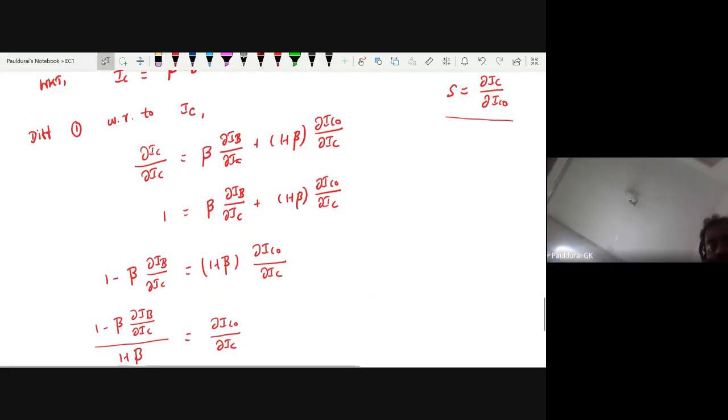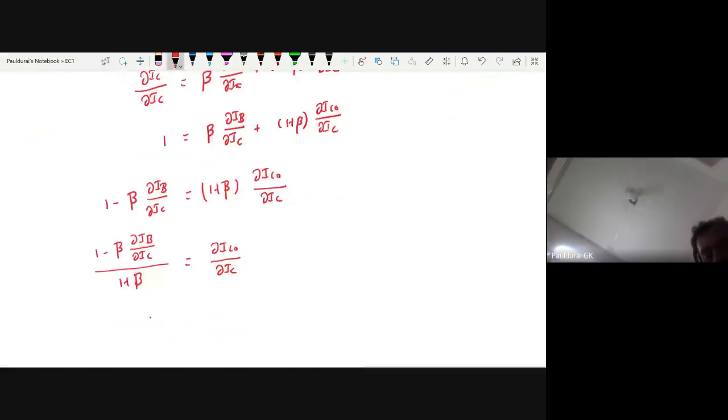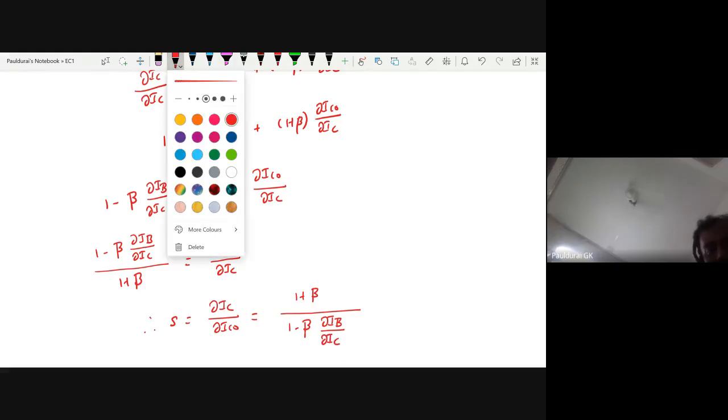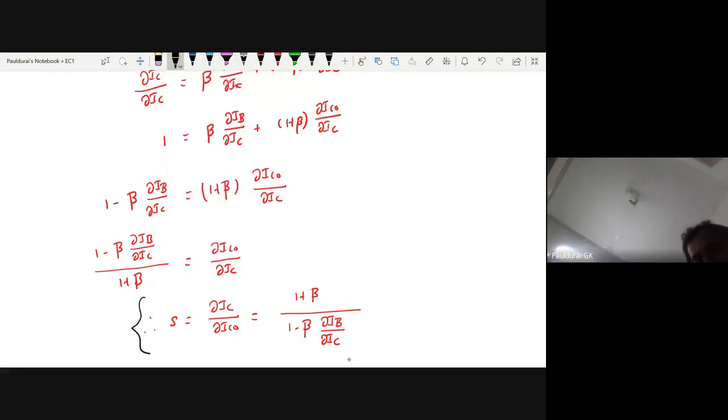S is equal to change in IC with respect to change in ICO, right? So now take the reciprocal. So you will end up with 1 plus beta divided by 1 minus beta times change in base current with respect to collector current. So this is the final expression. Very simple derivation to get the general expression for stability factor.